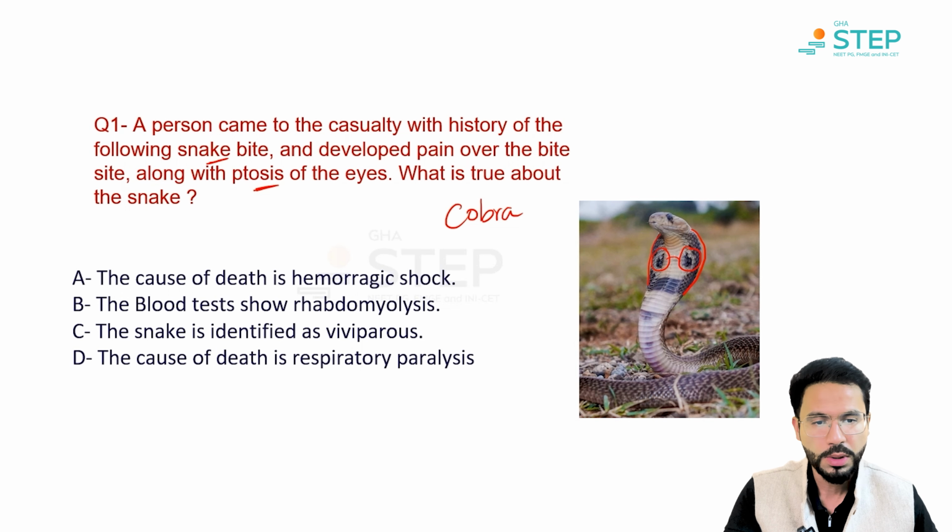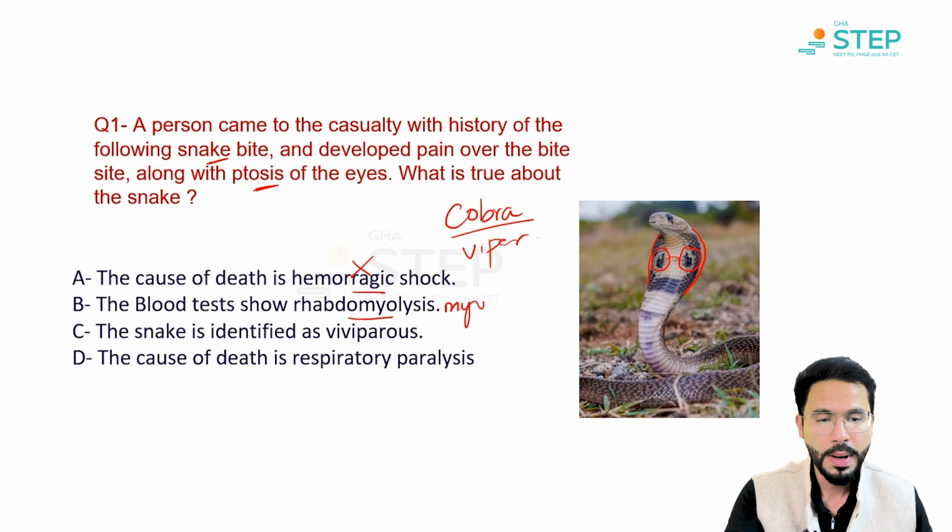You should know that the most common snake bites that come are cobra versus viper. Does a cobra cause hemorrhagic shock? No. The blood tests show rhabdomyolysis. Rhabdomyolysis is shown by myotoxic snakes. Is a cobra myotoxic? No. Sea snakes are myotoxic snakes.